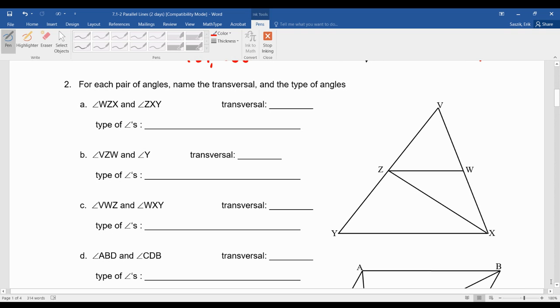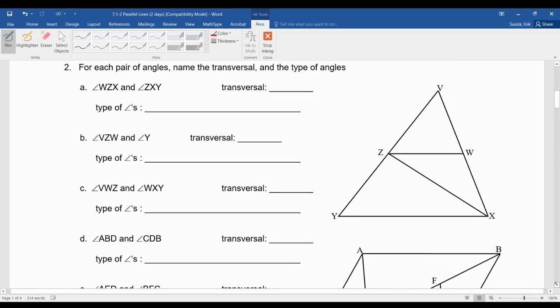For each pair of angles, name the transversal and the types of angles. So remember, depending on the diagram, you can have multiple transversals in the same diagram, just so you know. So, here we have WZX and ZXY. And you see how we kind of have this Z shape here.